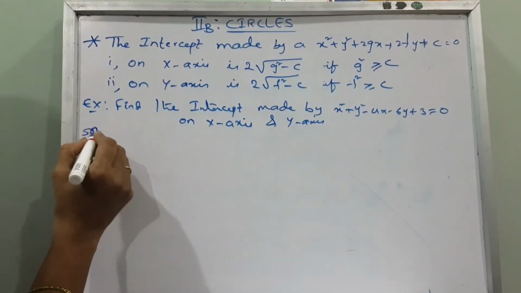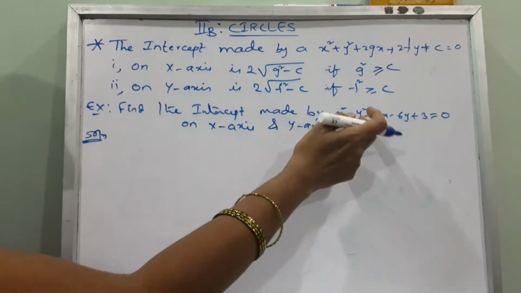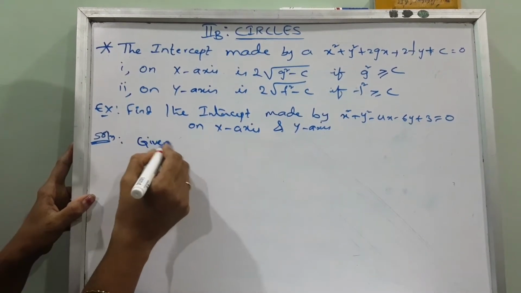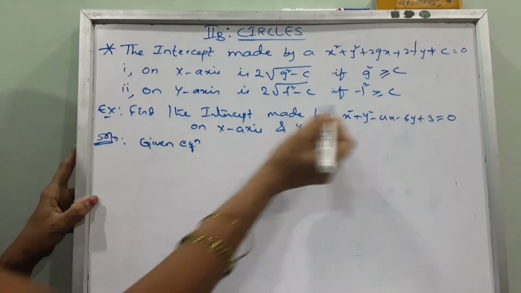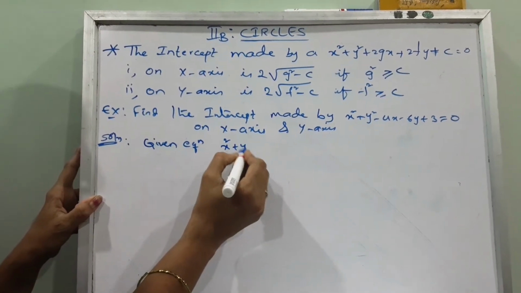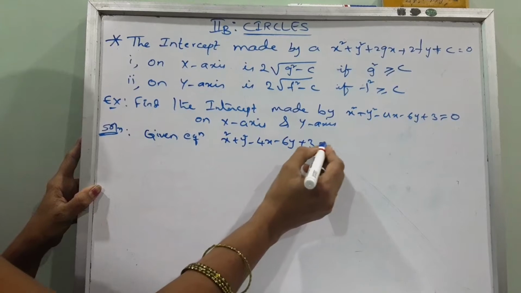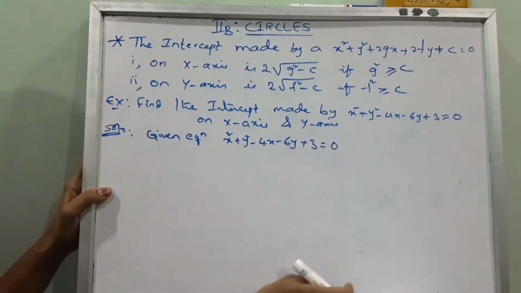Solution. Here the given equation of circle is x square plus y square minus 4x minus 6y plus 3 is equal to 0.